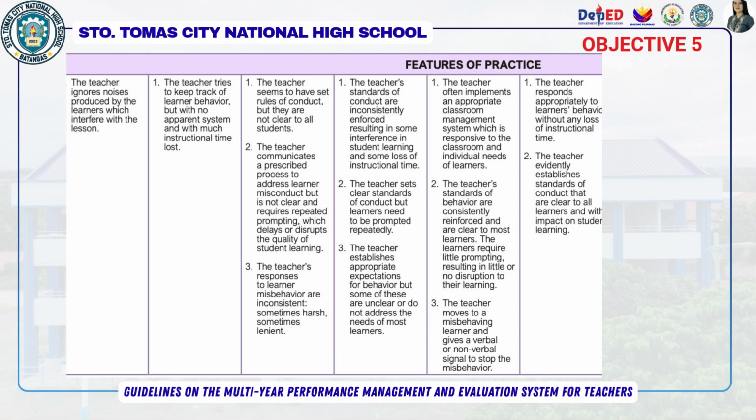An observer in a level 5 or 6 classroom will see an appropriate classroom management system being implemented, one that is responsive to the class and individual needs. Effective management means responding appropriately and promptly, often using nonverbal signals to stop misbehavior without any loss of instructional time.